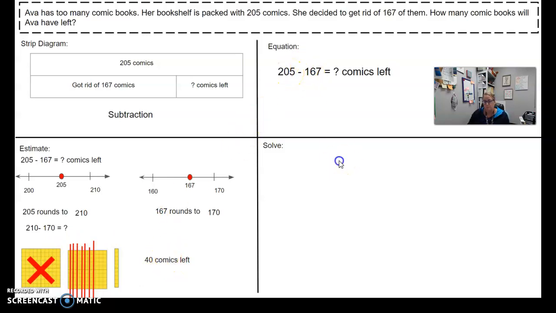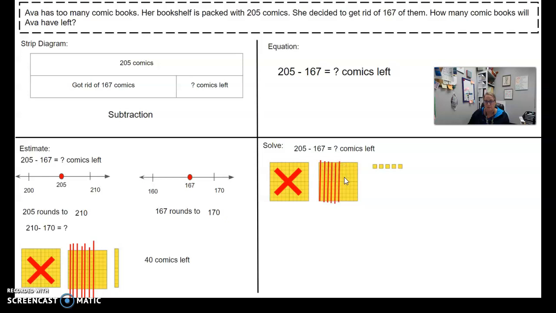So I'm going to bring my equation down. This time I'm actually going to solve 205 minus 167. So I have my 205, 100, 200, and then 5 more. And I'm going to take away 167. So I've taken away 100, 110, 120, 130, 140, 150, 160, and 7 more.